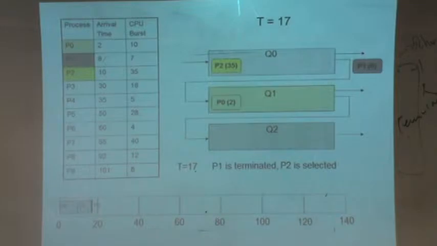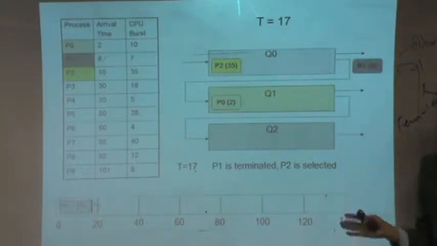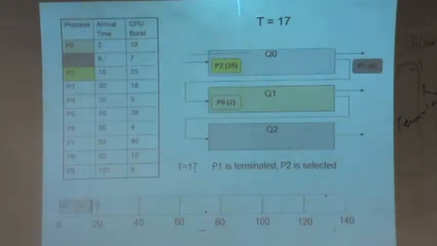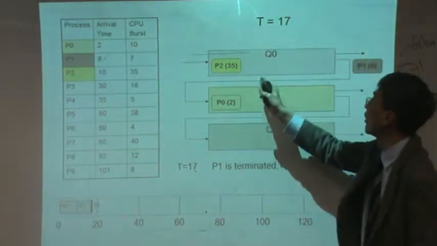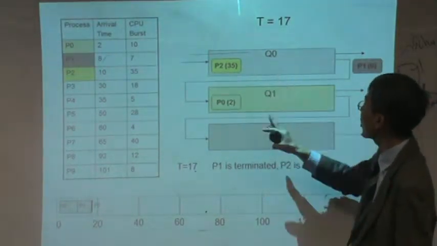Okay, that is the benefit of multi-level feedback. Even though we do not know whether P1 is an interactive process or a batch process, it doesn't matter. If it is a short amount of time, it will be done here. At time 17, even though that is not the 8 time cycle, because one process is terminated, the CPU scheduler will be activated. So, which one, Q0 or Q1?